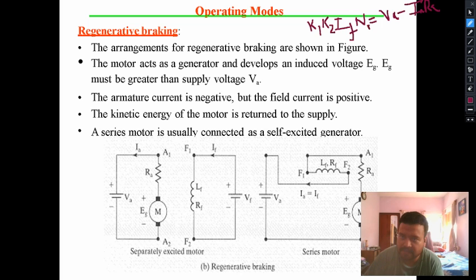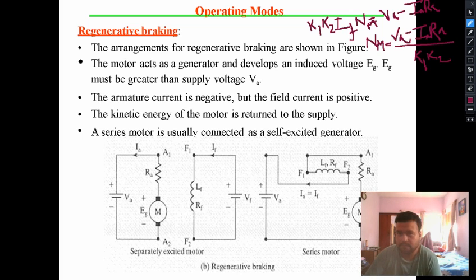And let the motoring speed be Nm. So Nm should be equal to VA minus IARA by K1 K2 IF.